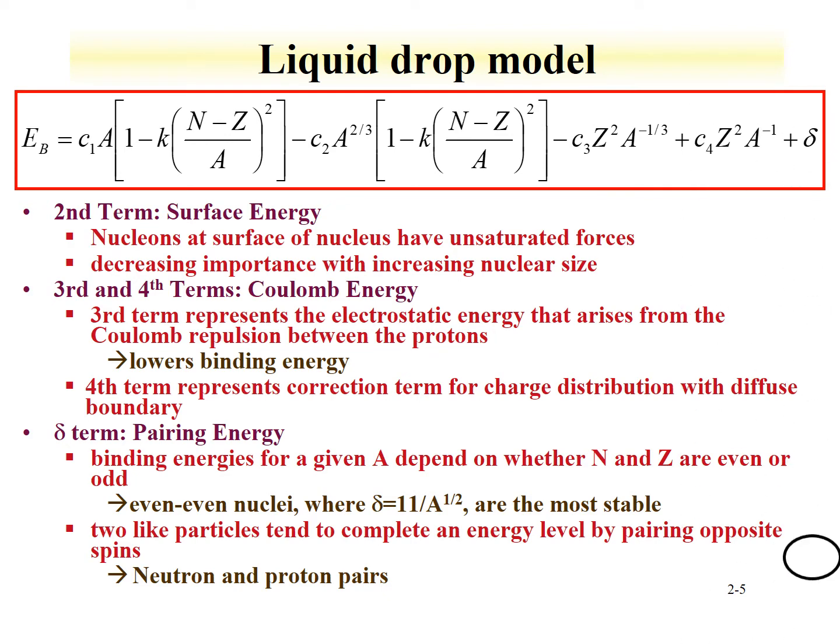And then the final term is a pairing energy term. And this takes into account some of the trends that are seen, that the binding energies for a given A will depend upon whether the N and Z are even or odd. If it's an even nucleus, they tend to be the most stable. So this is a term that's used. And two like particles tend to complete an energy level by pairing in opposite spins.